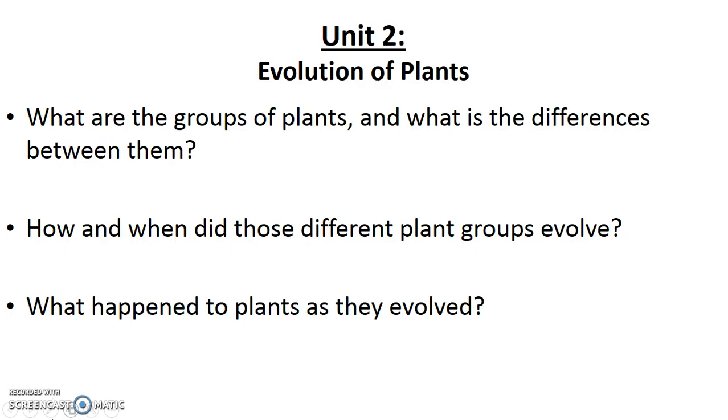And then we're going to talk a little bit about how these groups generally came about, which group came first, and then which group evolved after that. And last, we're going to touch on the idea of, as plants were evolving, what was happening to plants? How were they changing in general? Not just between each group, but just as plants in general, what was happening as they went.